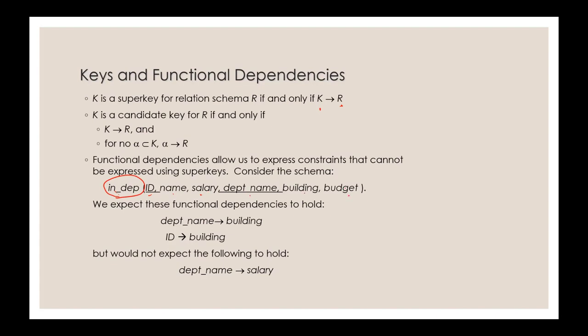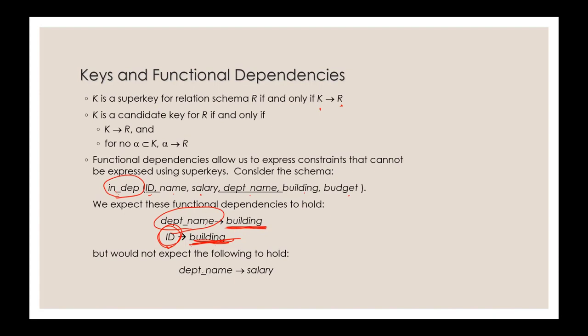So we can infer what kind of functional dependencies will hold. If you know the department name, we know which building this department is located in, right? By someone's ID, we can determine which building they are in, because we know which department they are in.